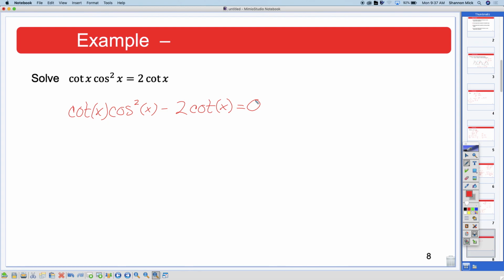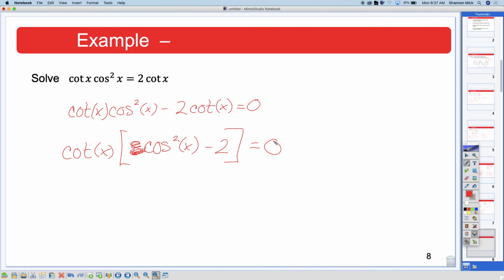Yeah. So I have cotangent of x times the quantity cosine squared of x minus 2. I put it in brackets because I have this parenthesis, I just chose to use brackets.